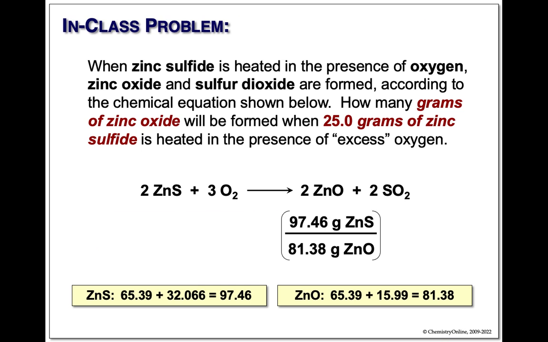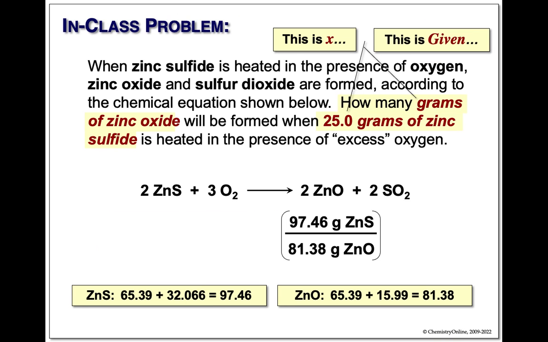Now our unknown ratio, grams of zinc oxide, we'll put it in the denominator. Grams of zinc sulfide, we'll put it up top, just temporarily. That's our x. This is our given. And we would write it like that.